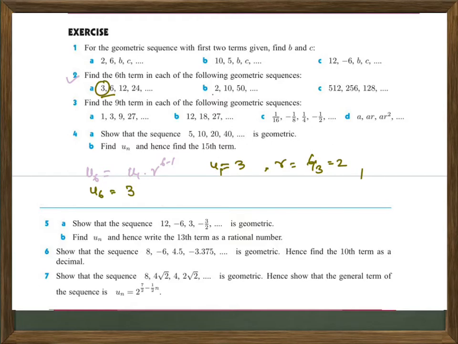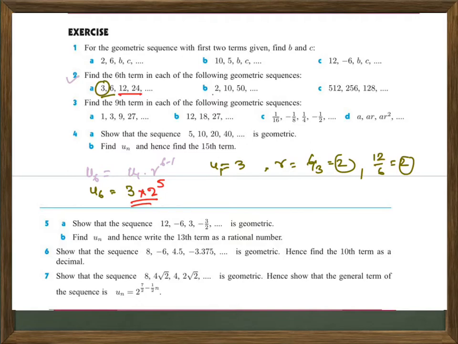Or we can say the third term 12 by the second term 6, that is also 2. So 2 is the common ratio. Just put the value of r into this formula: 3 times 2 to the power 6 minus 1, which is 5. So this is our sixth term of this geometric progression series.